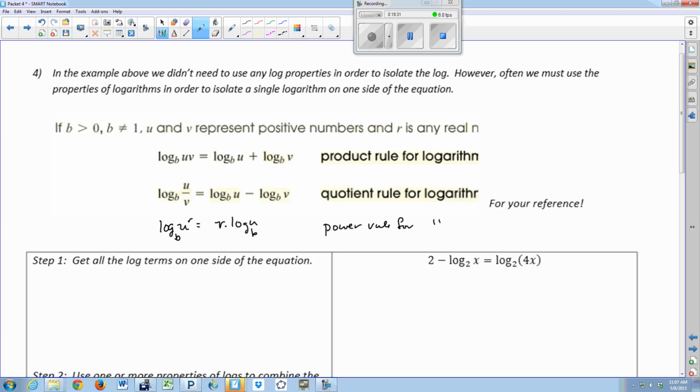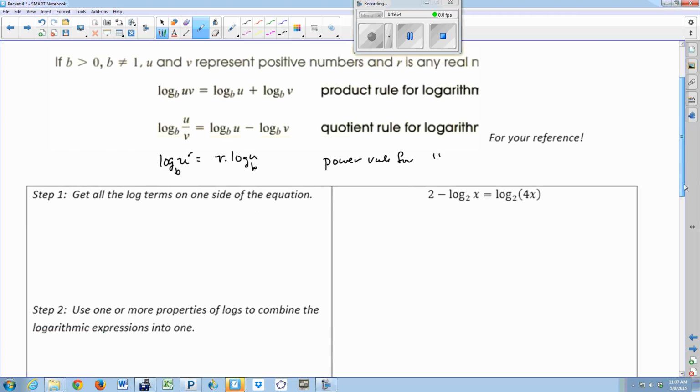We add the individual factors, log base B of U plus log base B of V. Both of these represent exponents, so we're adding the exponents. When we divide, we subtract exponents. When we raise to a power, we multiply the exponents. So these are very similar to properties of exponents that hopefully you have some comfort with.